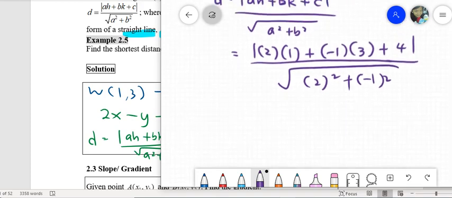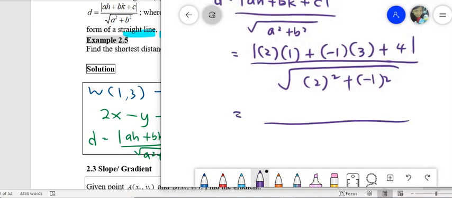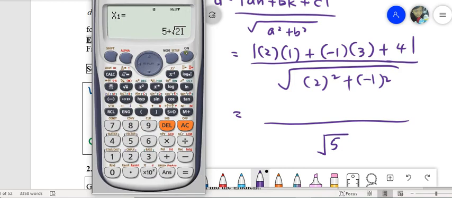Then the square root of a squared plus b squared: expand it, you have 4 plus 1 is 5. In the numerator, you get 2 minus 3 add up with 4.